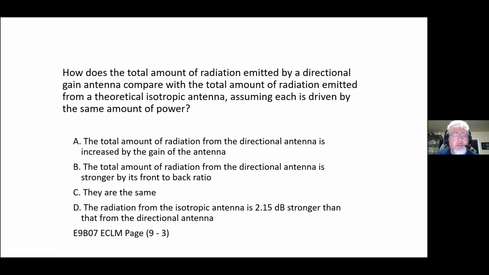B, the total amount of radiation from the directional antenna is stronger by its front to back ratio. C, they are the same. D, the radiation from the isotropic antenna is 2.15 dB stronger than that from the directional antenna. Charlie, they are the same.